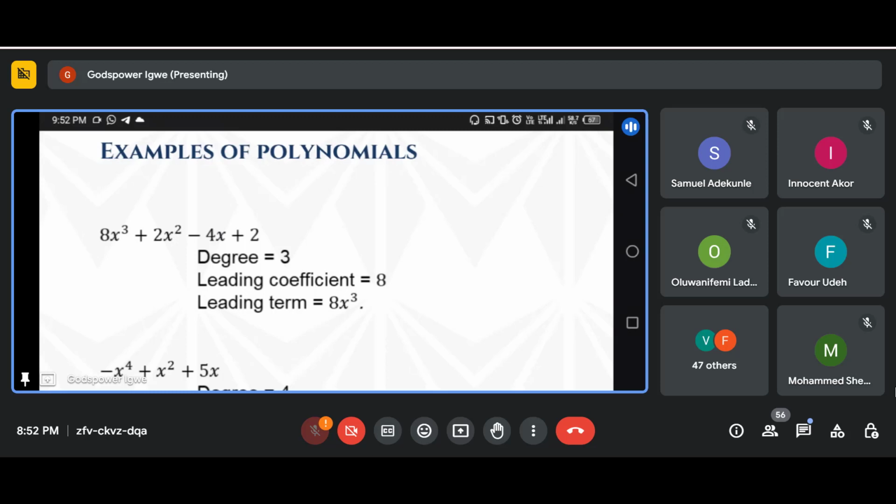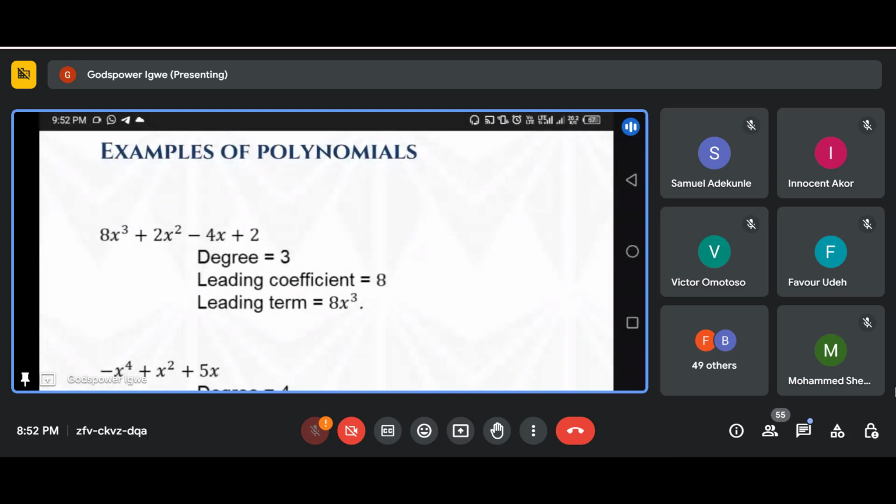And when they ask what's the leading coefficient, just check the number on the highest degree term, which is 8. And the leading term is the first expression that carries the highest degree, which is 8x cubed.